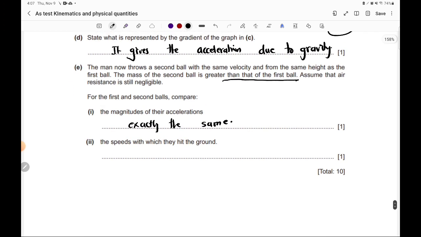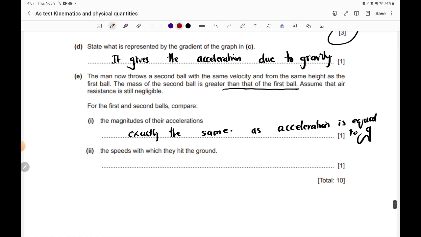The magnitude of their acceleration is equal to g, which is the acceleration due to gravity. This information is only for you guys.